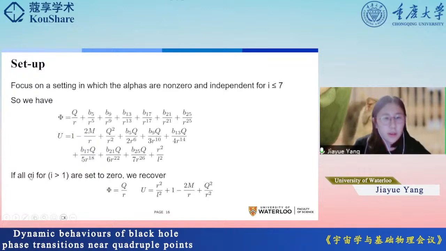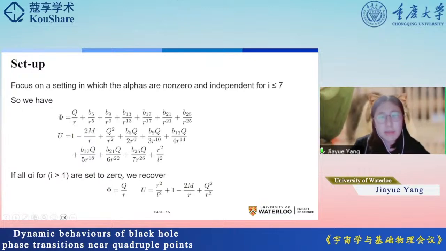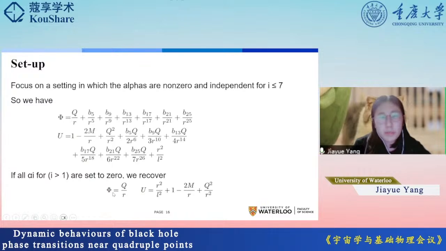We can also check that if we have only alpha 1, so alpha_i is set to 0 for i greater than 1, we recover the Einstein-Maxwell case, which means the electric potential is Q over r, and U is just like the charged black hole, but with this AdS length scale term.